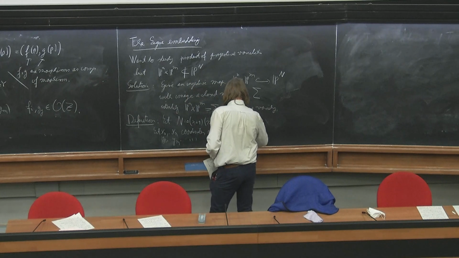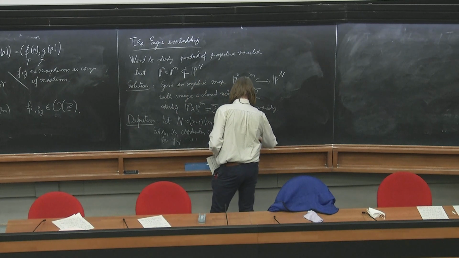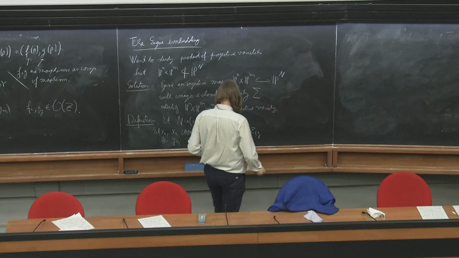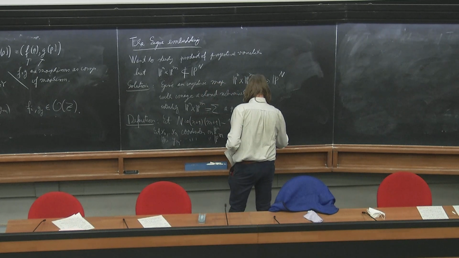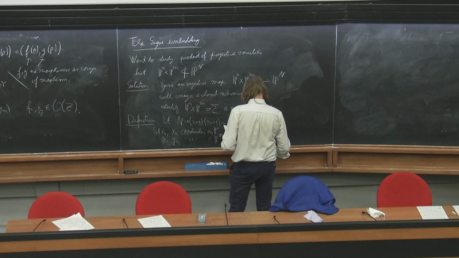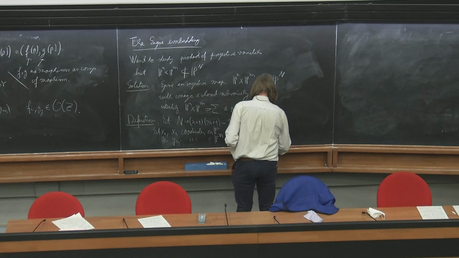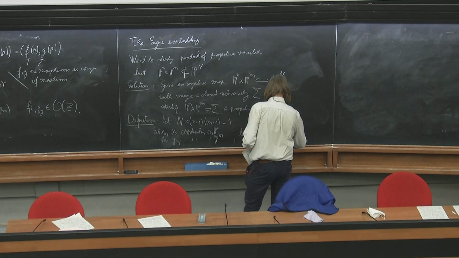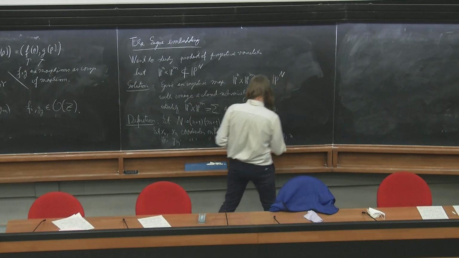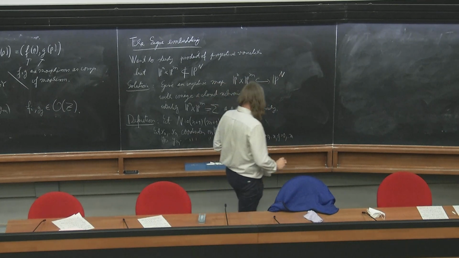Let Zij, for i from 0 to n and j from 0 to m, be the coordinates on PN.